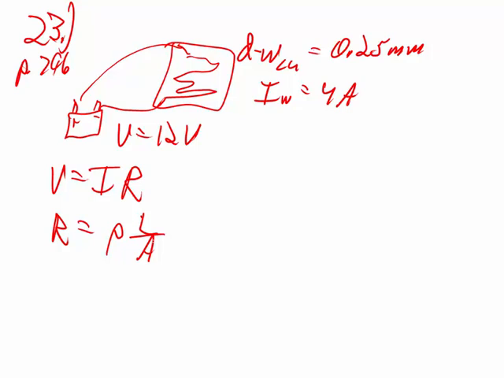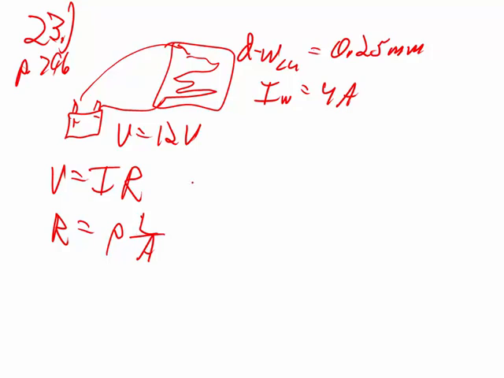So we want to find what length of wire is required for that to work properly. Well, first of all, let's do some substitutions. We've got the voltage, we've got the current.